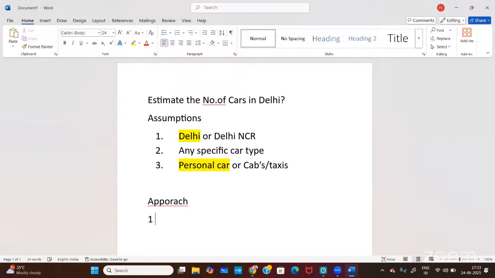The first thing we assume is that the city is Delhi. The second one, all types of cars. And the third one, we'll be taking only personal cars.